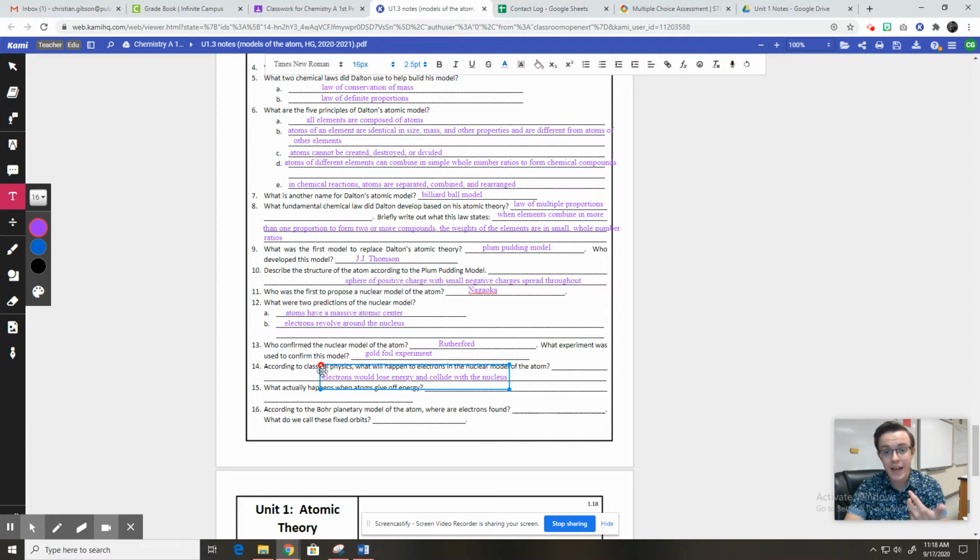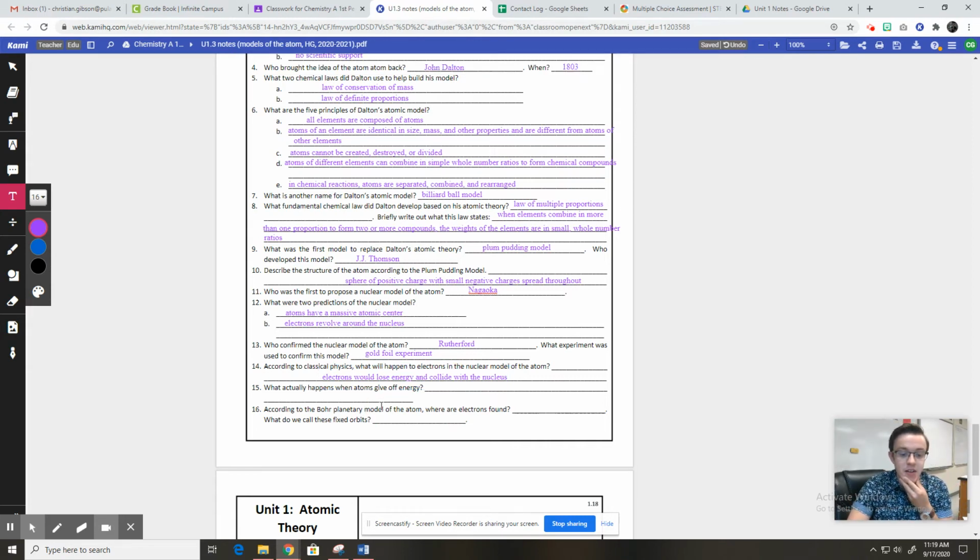Now, we know that doesn't happen, because you're not walking around down the street one day and all of your electrons just collide with the nuclei and the atoms in your body and you just blink out of existence, okay? So we know that Rutherford's model couldn't 100% be true, because he couldn't explain why the electrons weren't just colliding with the nuclei.